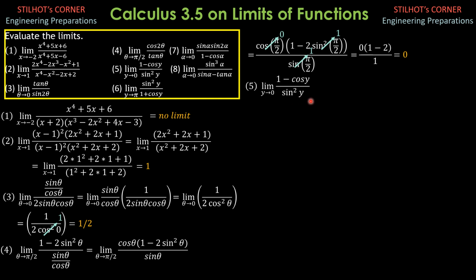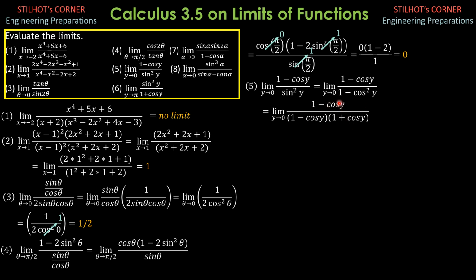So this is equal to limit as y approaches 0 of 1 minus cosine y over 1 minus cosine square of y. Then we factor this as difference of two squares, 1 minus cosine y and 1 plus cosine y. So equals limit as y approaches 0 of 1 minus cosine y over quantity 1 minus cosine y times 1 plus cosine y.